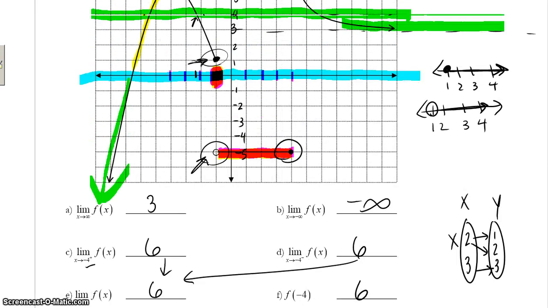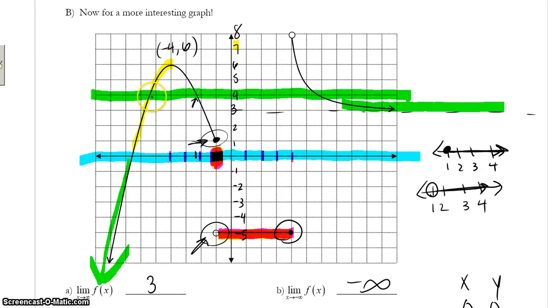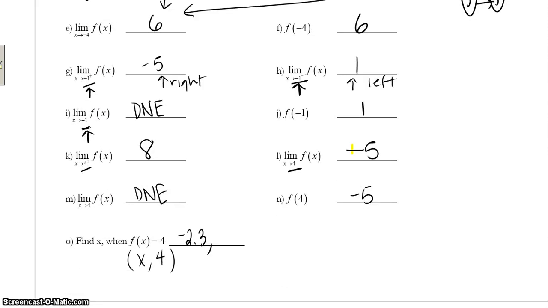Let's go back up to our graph. It looks like we have another one right here, which is about, so this is 1, 2, 3, 4, 5, 6. Somewhere in between 5 and 6. Let's call that about negative 5.4.